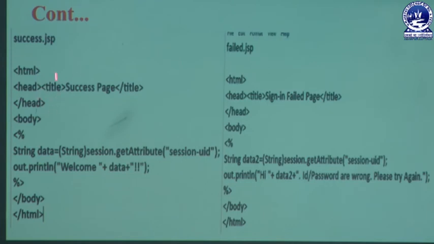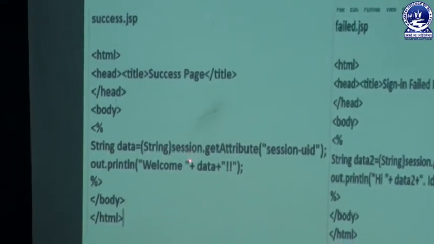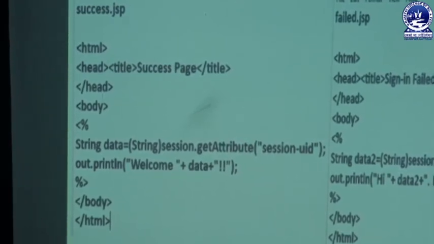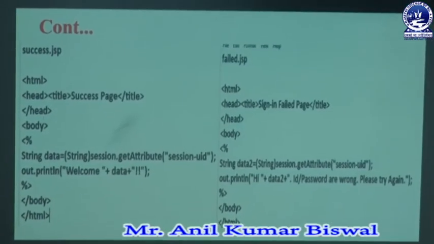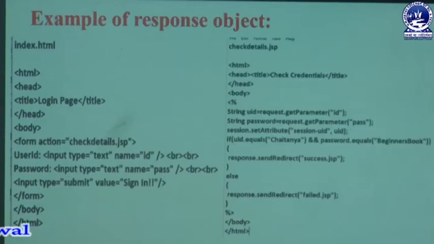In that success JSP page, we have some coding statements like the HTML section, head section, then body section. In that body section we have other statements like data, which is an object of string type. In that object we use session.getAttribute, which is forwarded from the previous page. This is the general way we defined in our previous section.